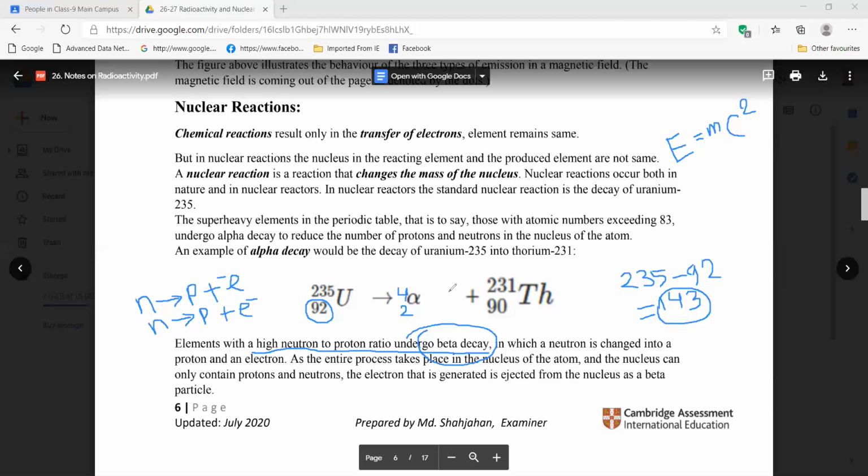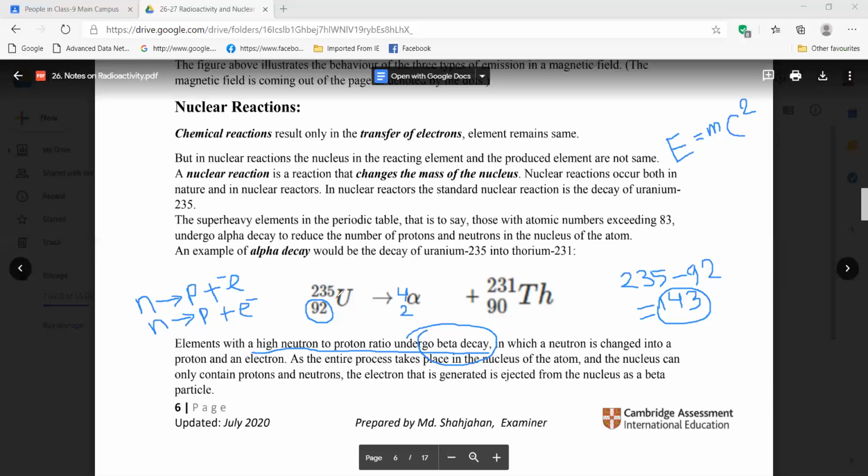And how will we get the gamma radiation? What did I tell about gamma radiation? Not the electrons. There is mass defect. There is binding energy between protons and neutrons in the nucleus, right?